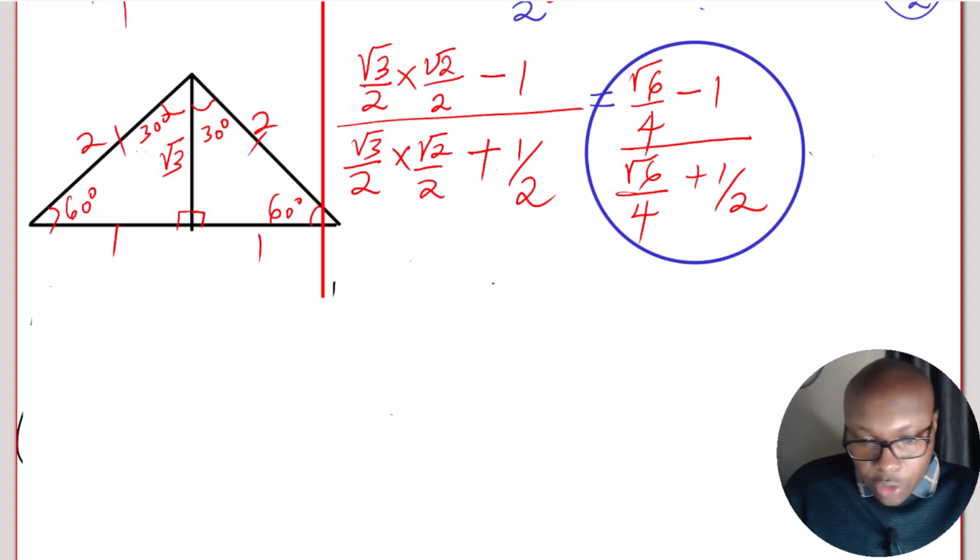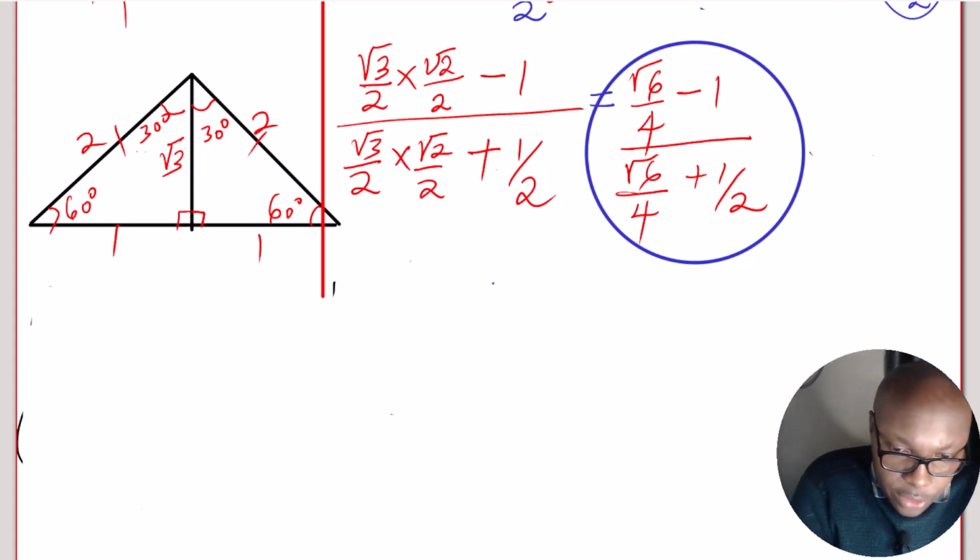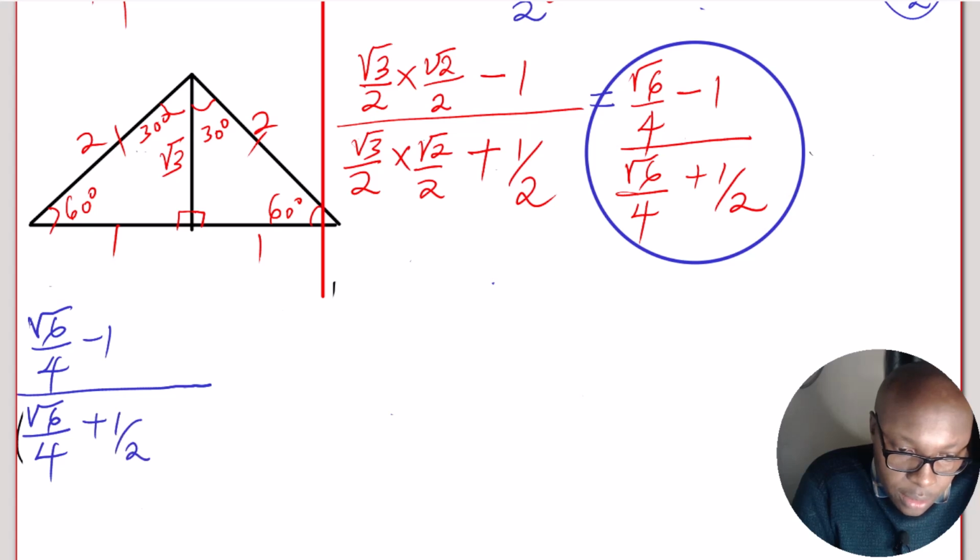First we deal with the denominator, multiply the numerator and the denominator by the conjugate of the denominator. This is what I mean. So we'd have (root 6 divided by 4, subtract 1), then everything divided by (root 6 divided by 4 plus a half).